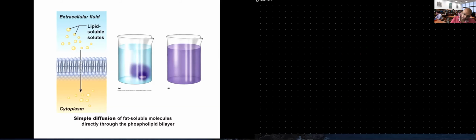What if I'm dealing with something like sodium, for example? Sodium is a positively charged ion. I have lots of sodium outside, lots of sodium outside, lots of sodium outside. Compared to the inside of the cell, I have much less sodium present.